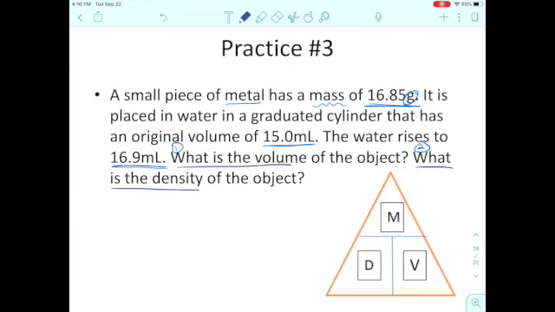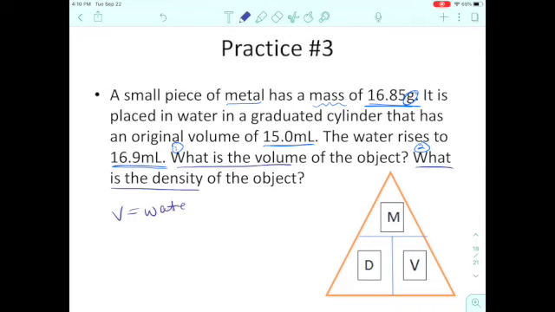Okay, so the process that they used to get the volume was they took the piece of metal and they put it in a graduated cylinder that already had water in it, and then the water went up to 16.9. It started at 15. So that process, remember, is water displacement.